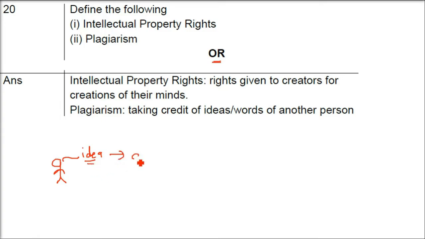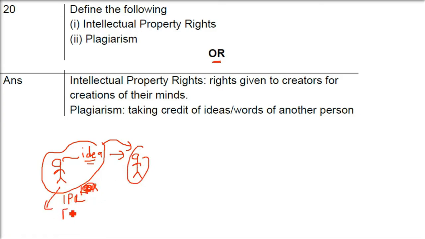Now you gave this idea to somebody else, or you told it to somebody else. Now this idea belongs to you. Someone else who got the idea started using it and made money. That is, your intellectual property has been stolen by this other person.